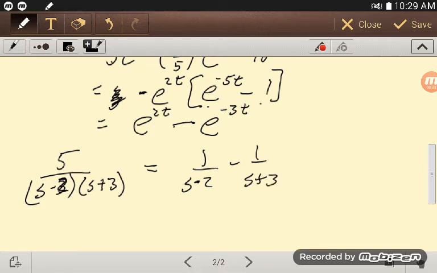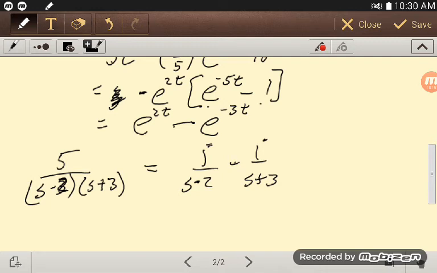So you know, if I multiply top and bottom of the first one by s plus 3, I'll get an s plus 3 here, and I'll get an s minus 2 here. Well, s minus s is 0, and then I had a 3 here and a minus 2 there. That's 5, so that works.